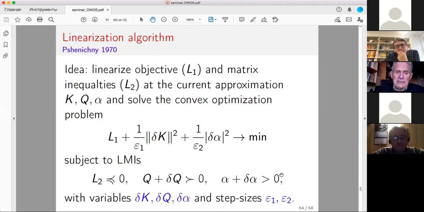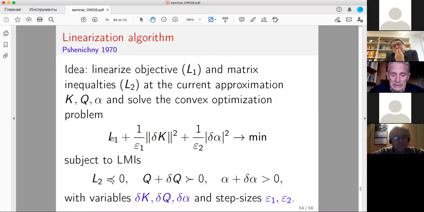consider a slightly different form of trust region method. It's the so-called linearization method. As far as I know, the first one who proposed this method was Boris Polyak in 1970. Then it was used and proposed by Steve Robinson, Han, and many others. Okay. The idea is very simple.